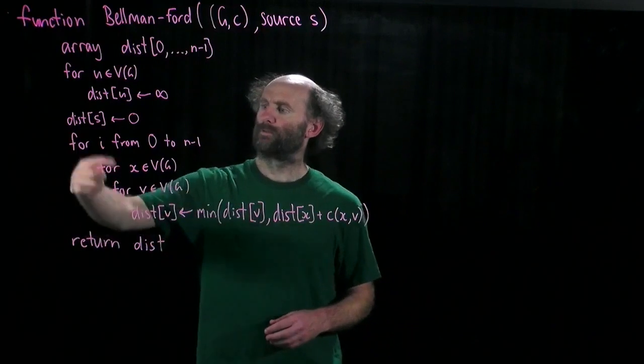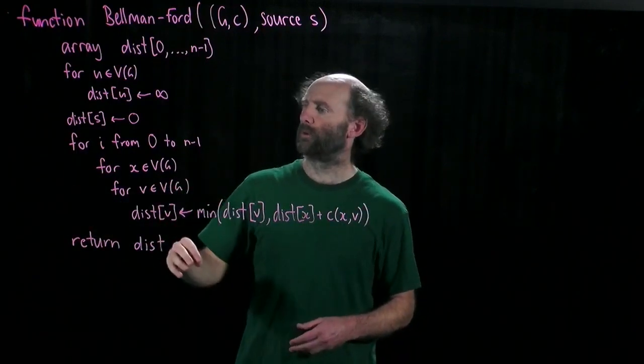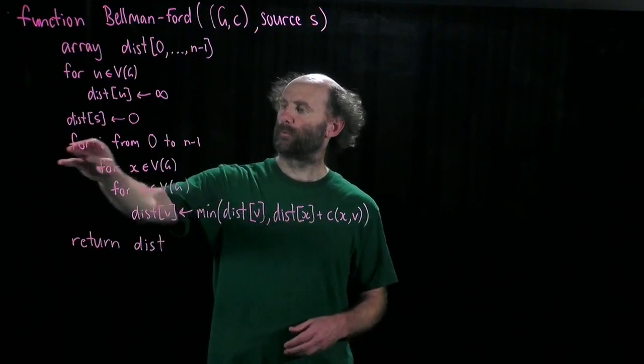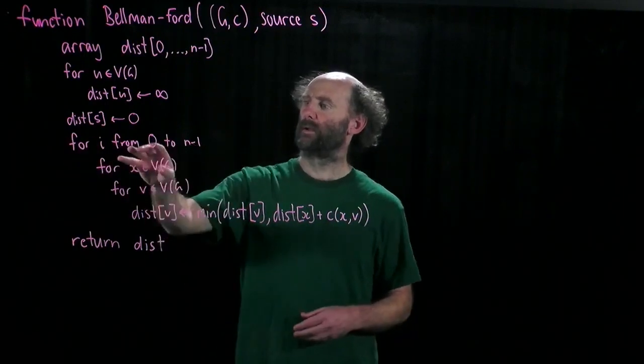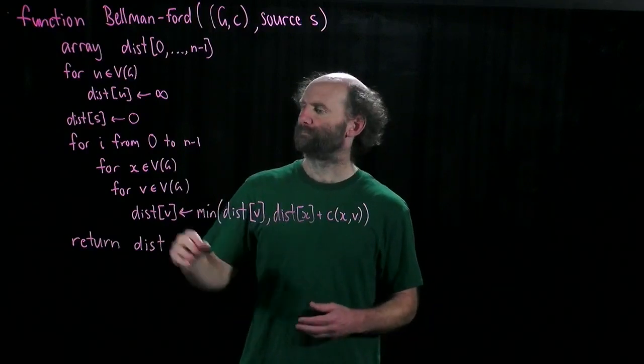Then we go through this triple nested for loop. This outer loop is just counting what level we're at, so it goes from 0 to n-1.